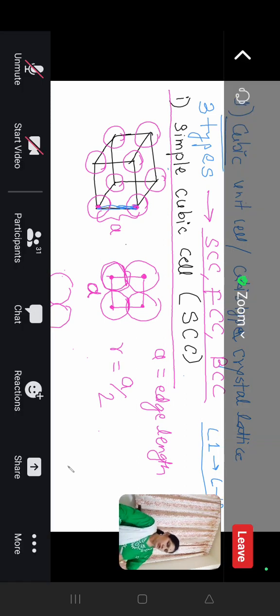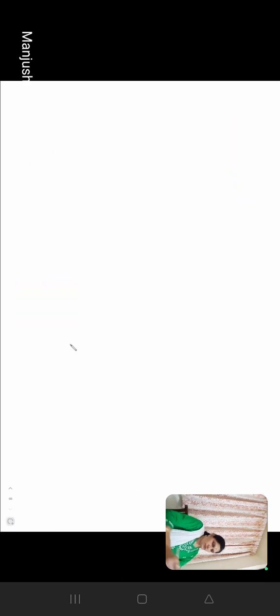Okay. So this is the edge length. r is equal to a by 2. This is about the simple cubic cell. Now I will change the page. Now the second type of unit cell. There are 7 types of unit cell. Consider only the first, that is the cubic cell.